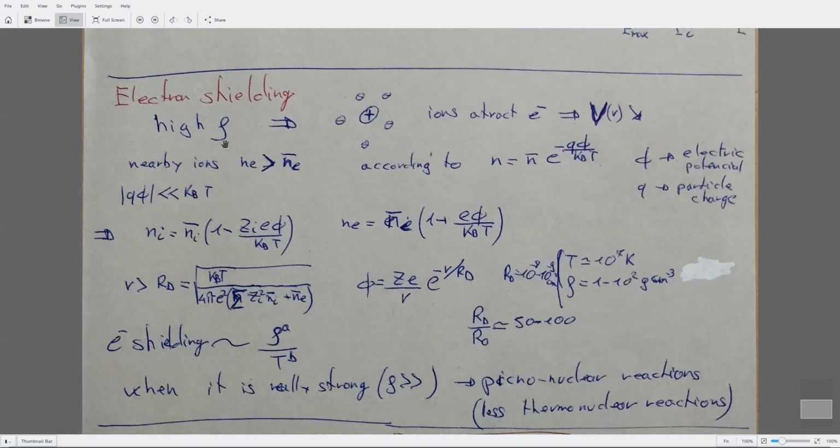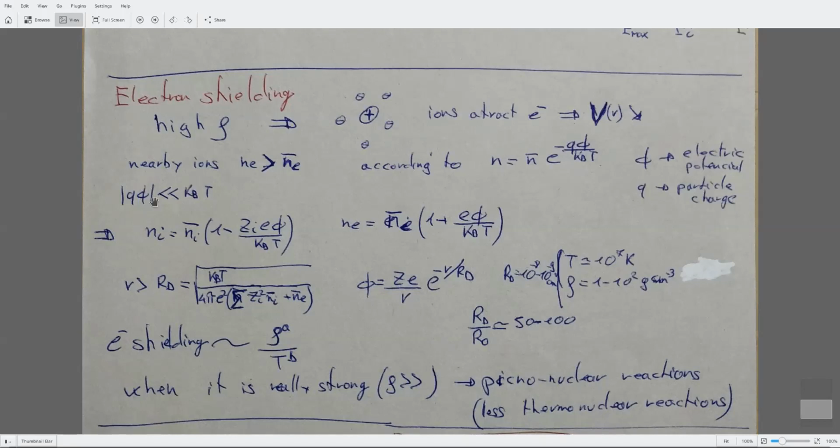So you see, nearby, the numerical density of electrons is higher than the mean, and this goes with the exponential equation, where phi is the electric potential times the charge.